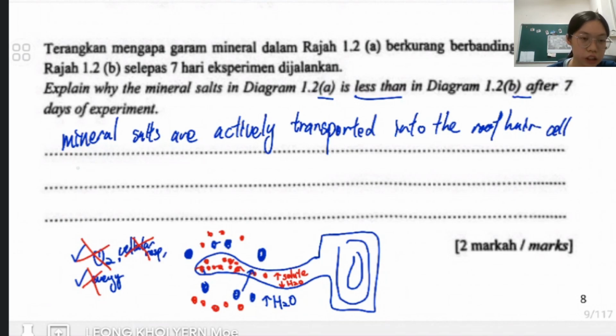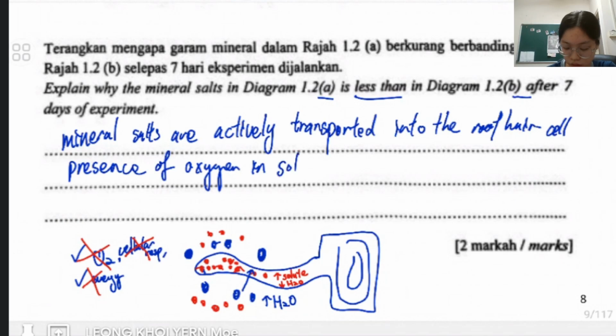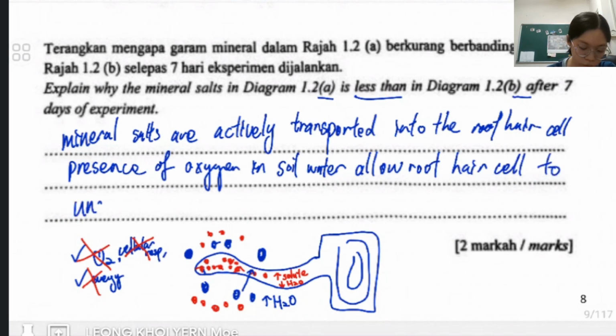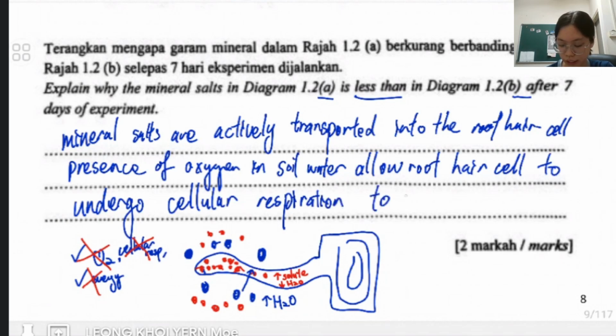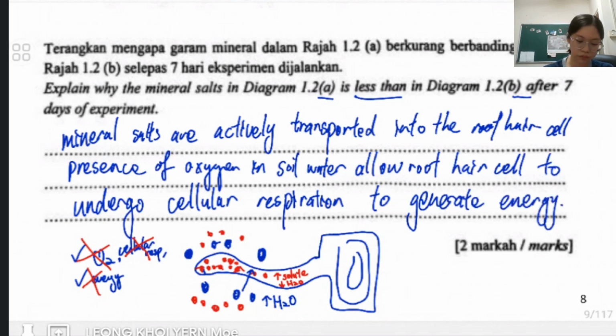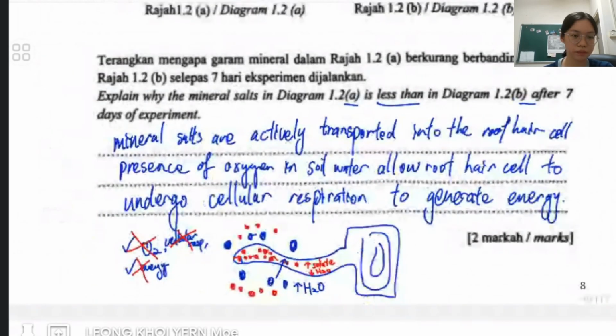The presence of oxygen in the soil water allows the root hair cell to undergo cellular respiration to generate energy. So yeah, this is how you explain it.